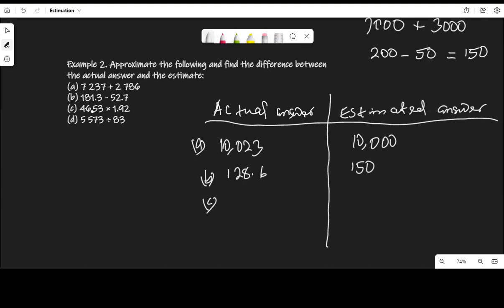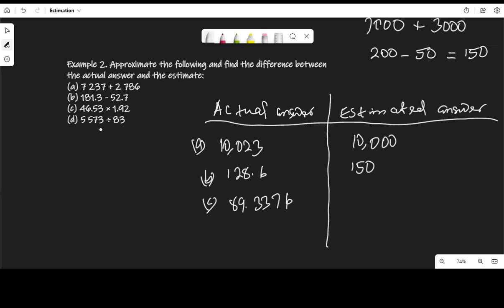Then for the third one, again, let's use a calculator to get the actual answer. That is 46.53 multiplied by 1.92, which is 89.3376 as the actual answer.